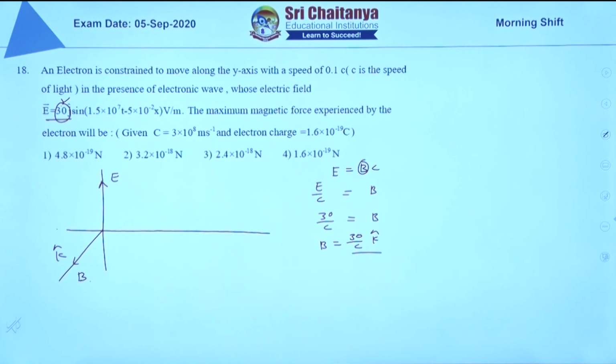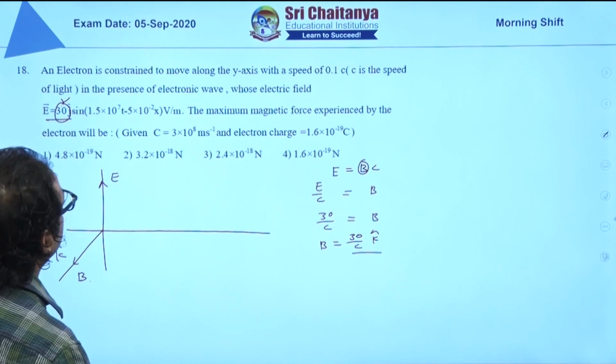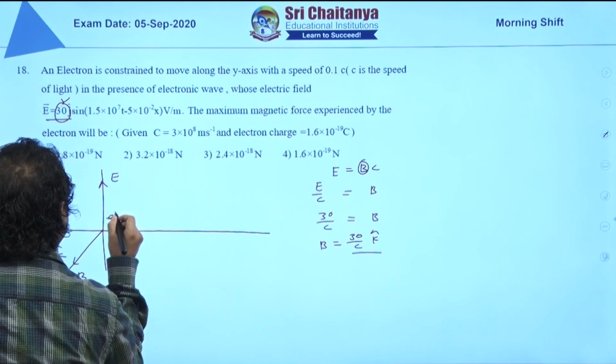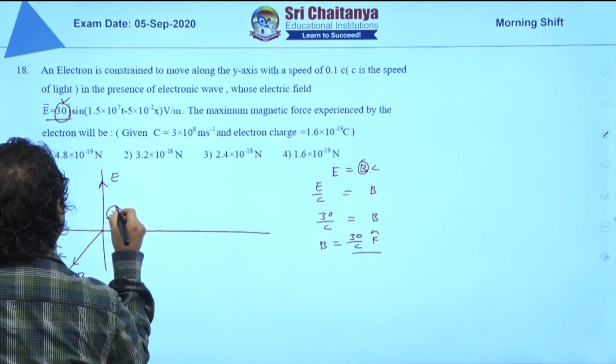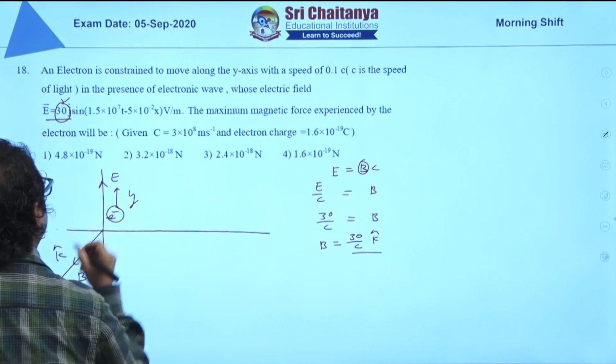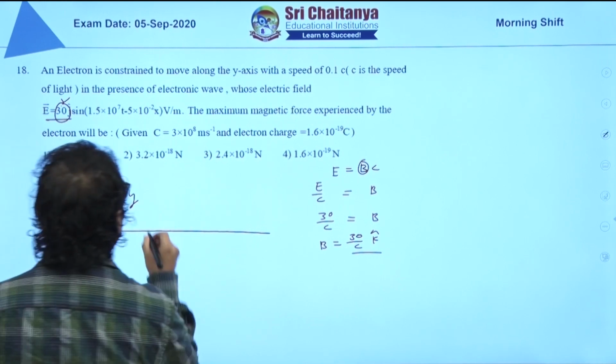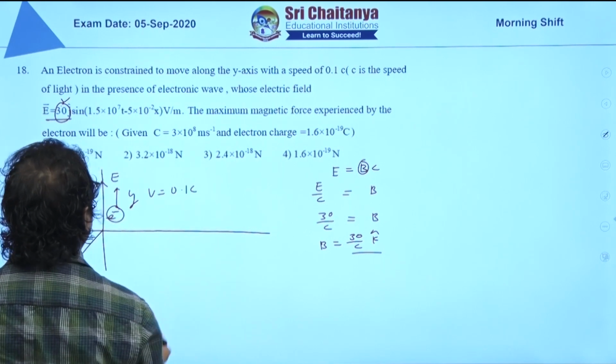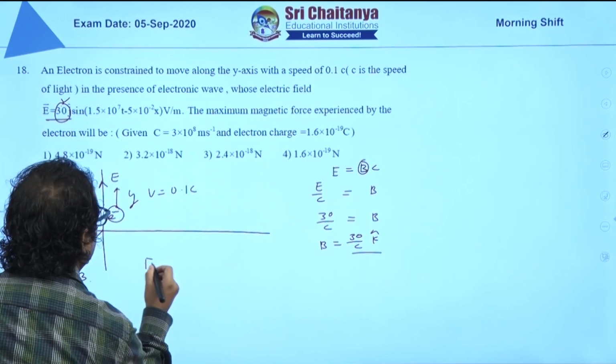So, now the electron is constrained to move along the y axis, with a speed, the v value, given as 0.1 c. So, what is the magnetic force formula?